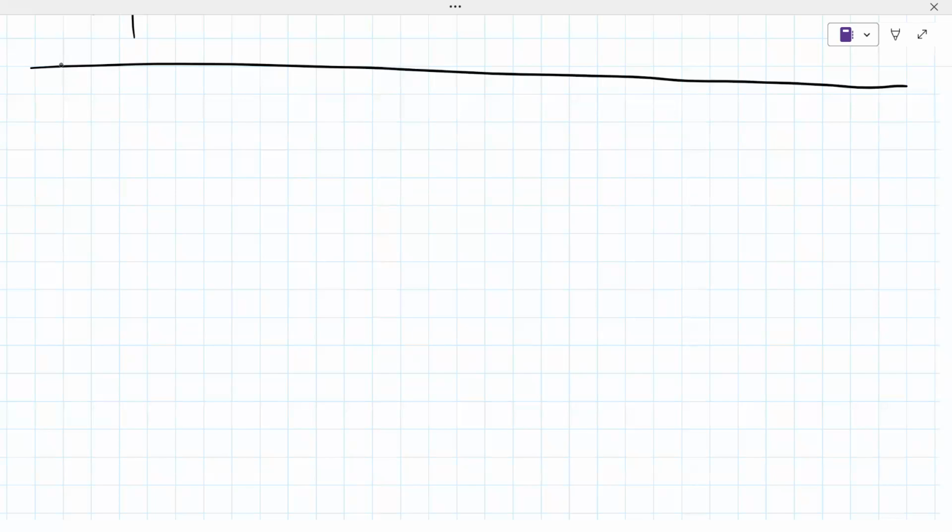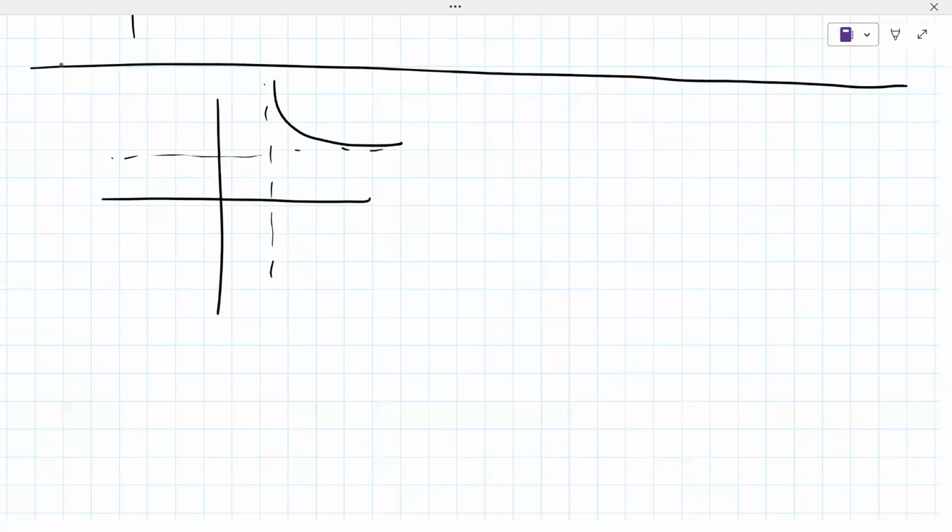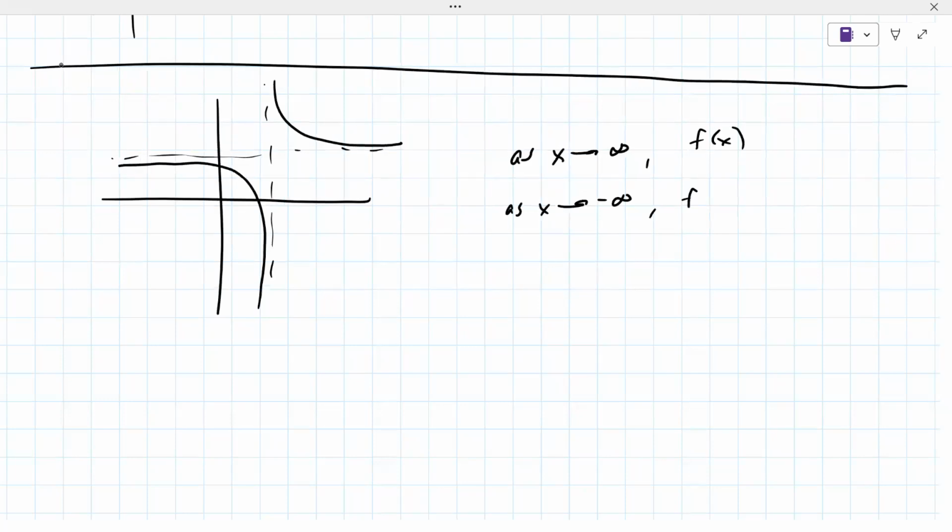You were talking a little bit earlier about end behavior. Let's say here's one of the graphs again. I could ask you, as x goes to infinity, as x goes to negative infinity, what does f of x go to? This is the end behavior.